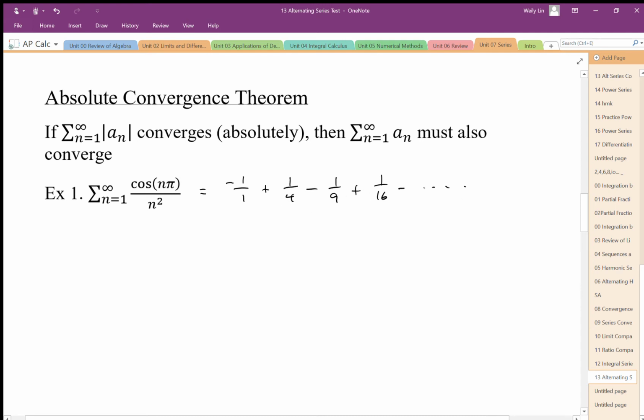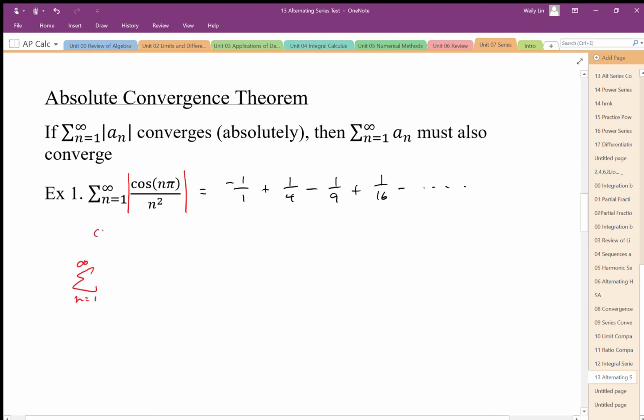So what we're going to test is, will this converge absolutely? We're going to put absolute value around that. I need to make one more little adjustment here, because we want to get rid of that flipping of cosine.